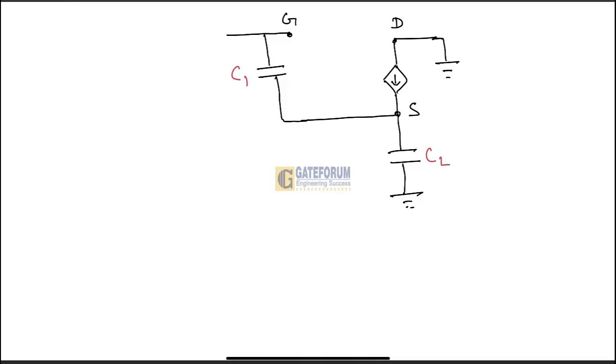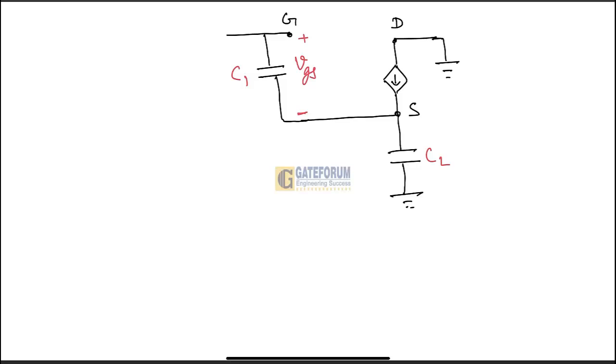This terminal is the gate terminal, and here is the source terminal. The voltage appearing between gate and source is called VGS, plus here and minus here.